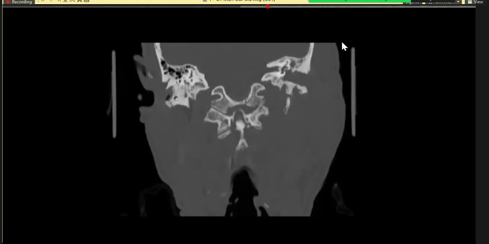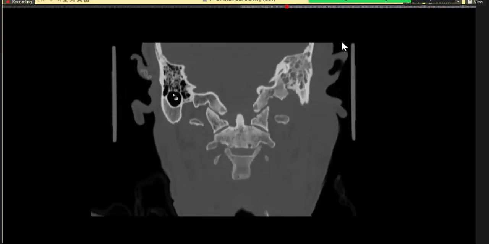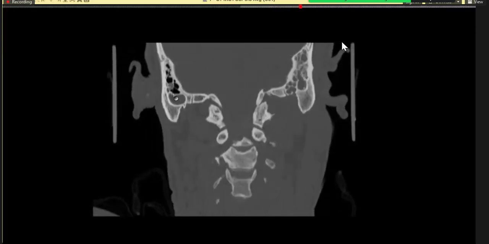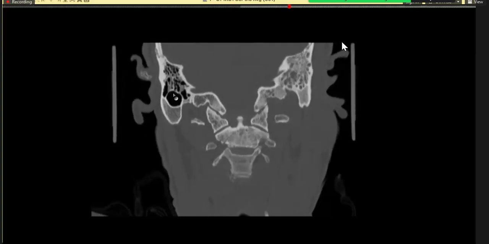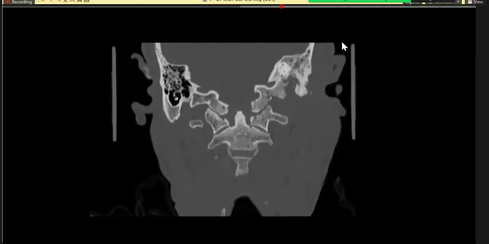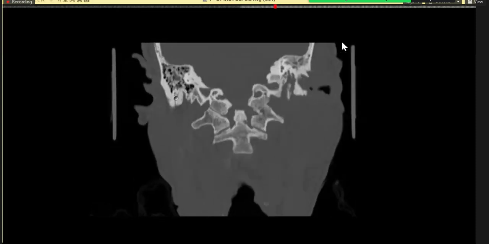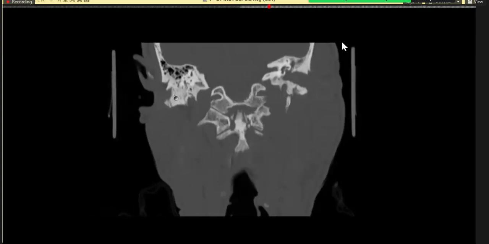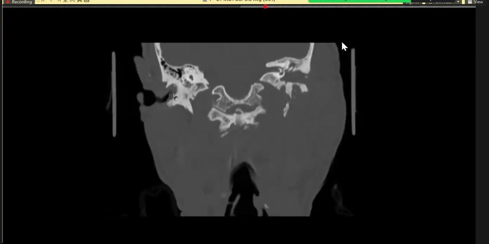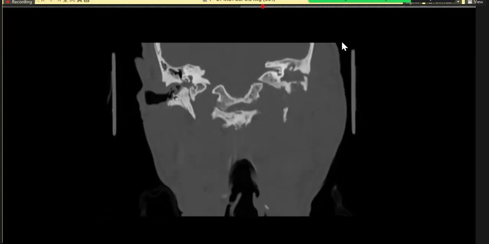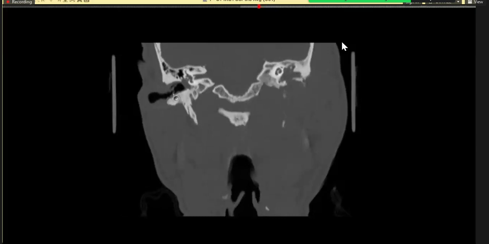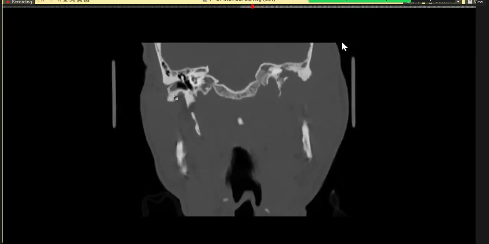On the coronal, on a separate note, there are degenerative changes of C2, the C2 odontoid peg. And again, I can see the bony destruction and the widening of the external auditory canal on the left. There is also fullness of the mastoid air cells.